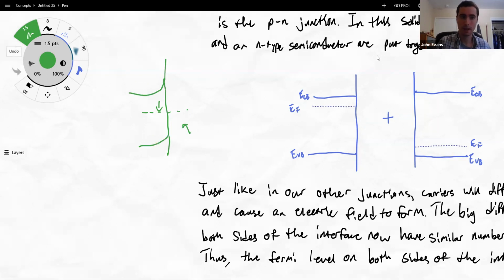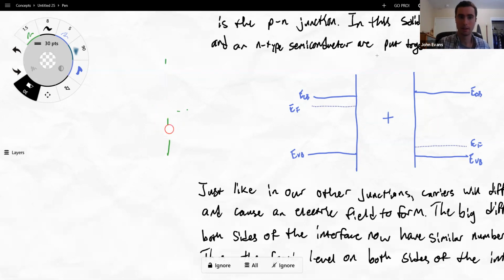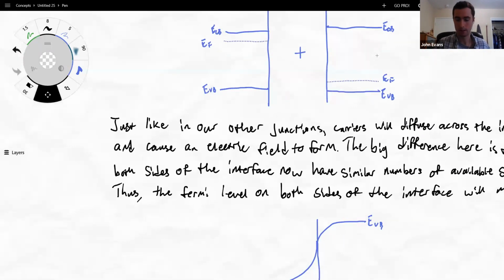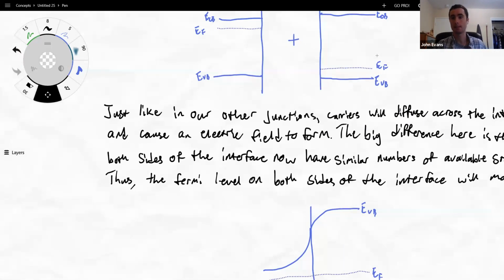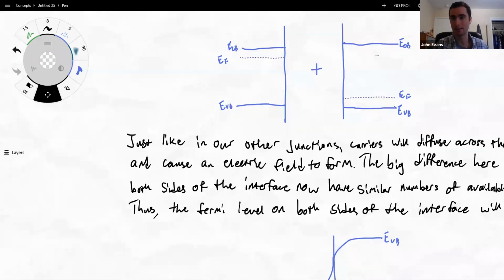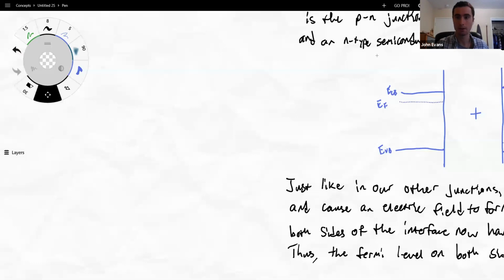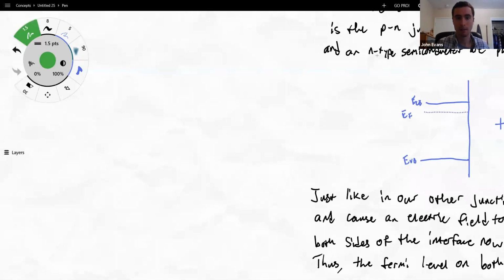So that only really happens for junctions where it's a pretty lopsided charge transfer, or it's a pretty lopsided number of states on one side or the other. One of the things that Nate is fond of using to explain this is, imagine you have a can of soda, right?